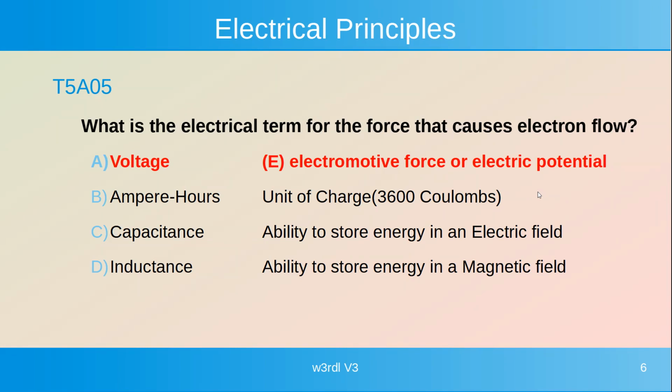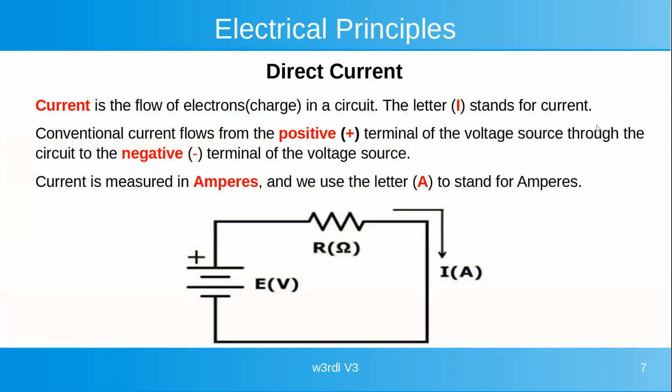You don't need to remember that a coulomb is 6.24 times 10 to the 18th charges, equivalent to electrons. Capacitance, which we'll talk about later, is the ability to store energy in an electric field, and inductance is the ability to store energy in a magnetic field. Farads versus Henrys.